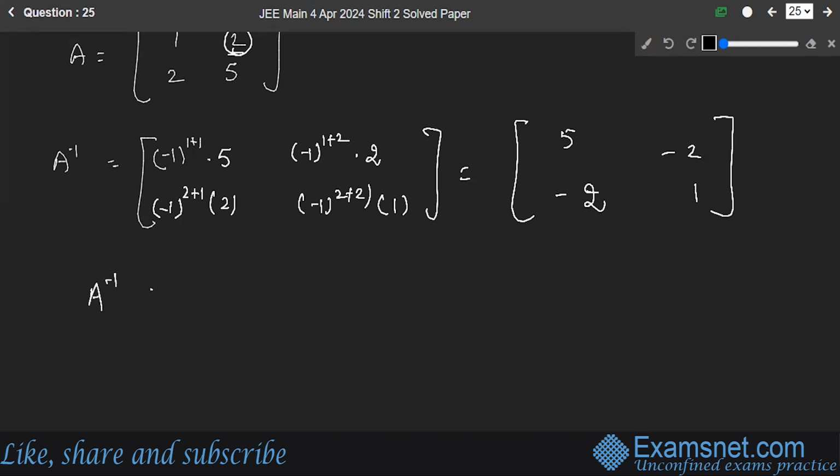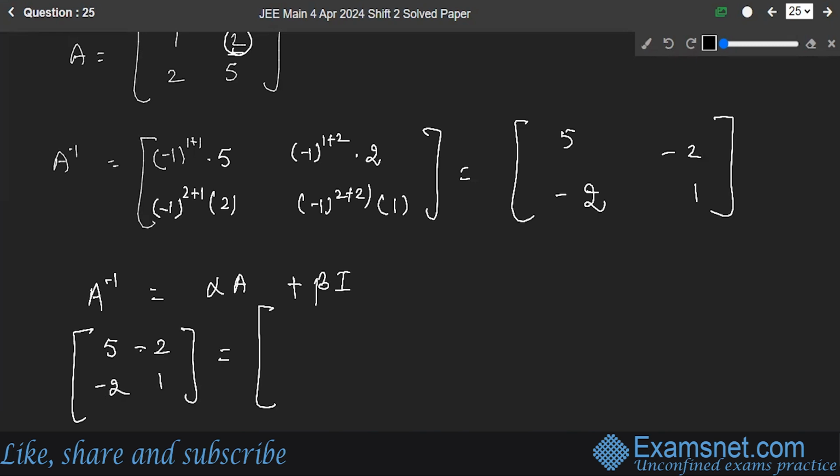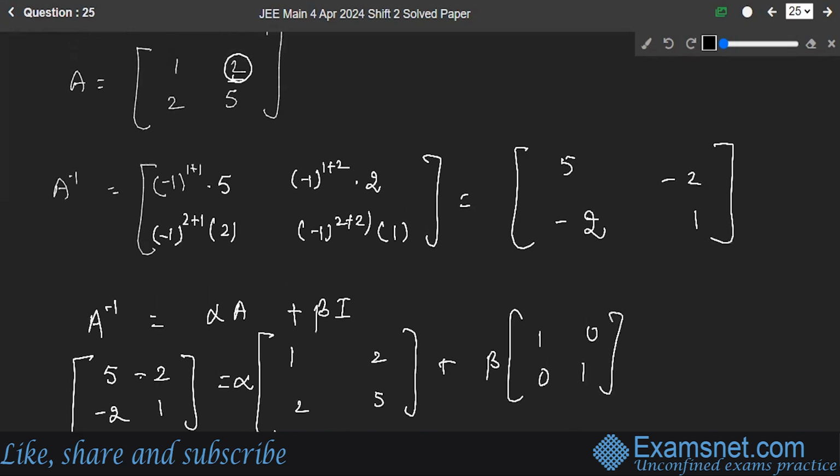So in the question, you have A inverse as alpha into A, plus beta into I. So A inverse, which is 5, minus 2, minus 2, 1, is equal to alpha times A matrix, which was 1, 2, 2, 5, plus beta times the identity matrix.